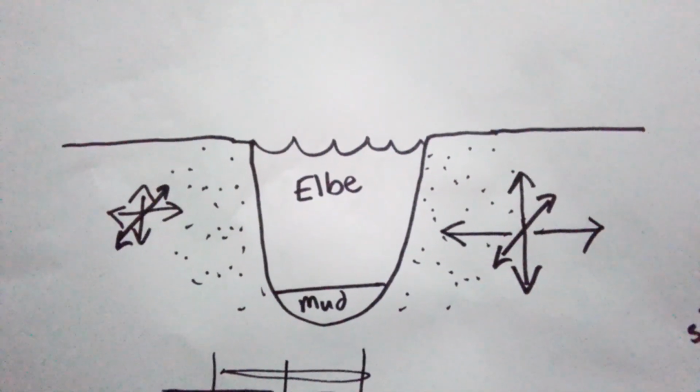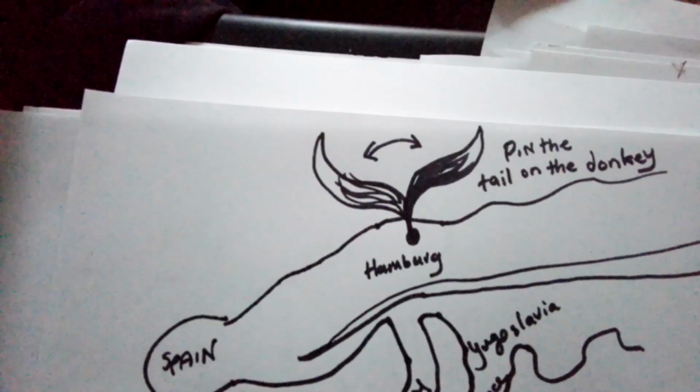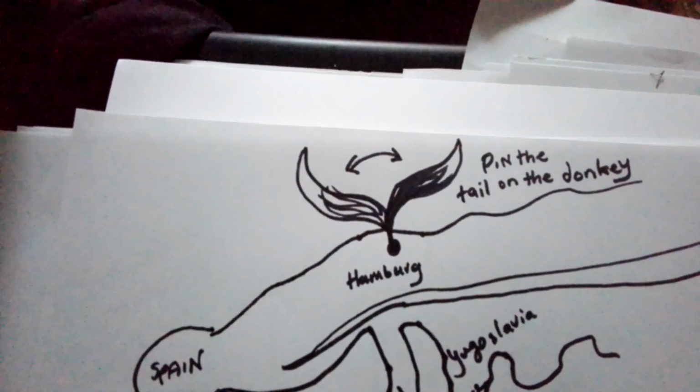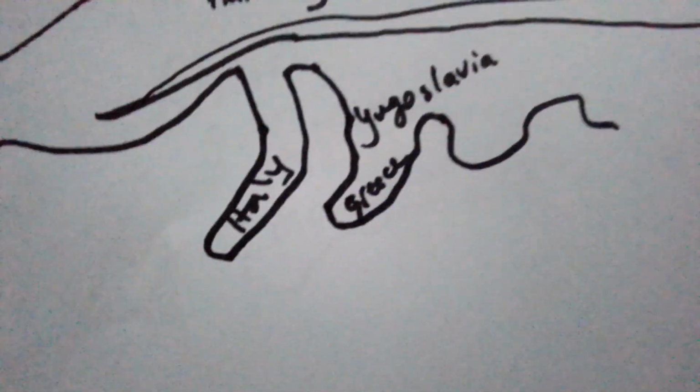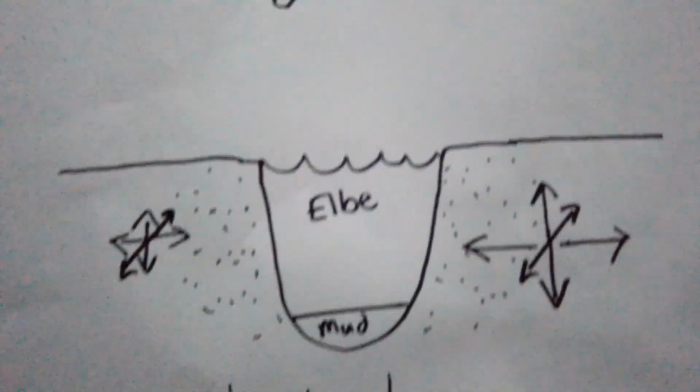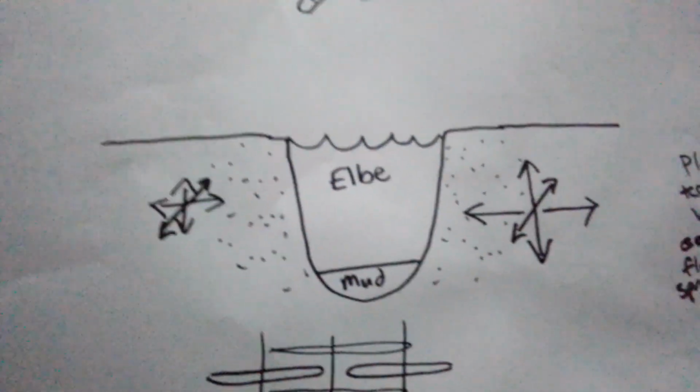Maybe up and down movement, maybe more like wagging a donkey tail, maybe a dog's tail, maybe a donkey tail, all the way to the Mediterranean. Old ways of teaching.